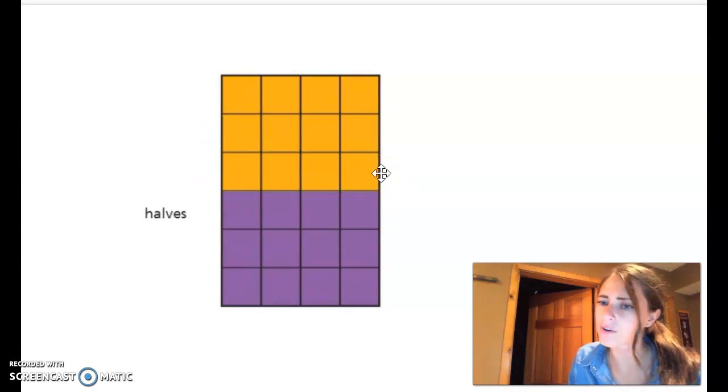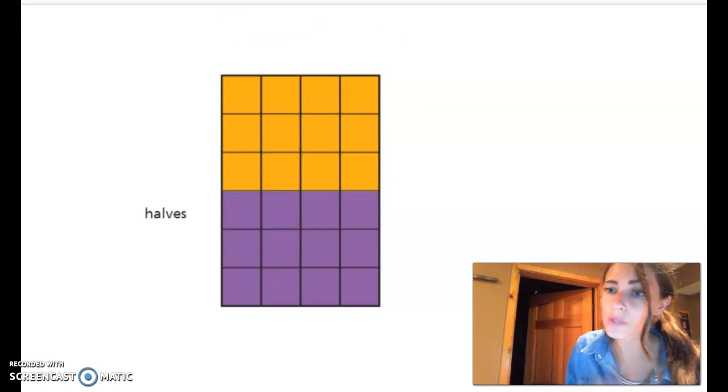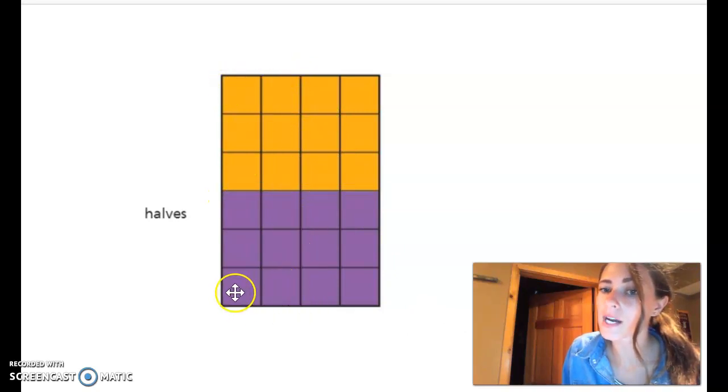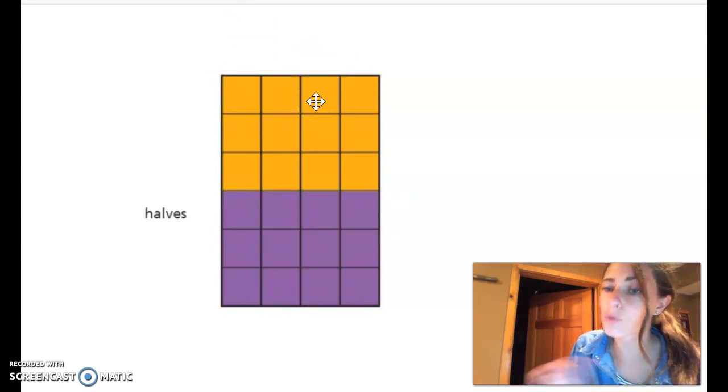Can you think of another way that you could split up this rectangle that would give you halves? So 2 equal parts. Right, if I split it right down the middle, and I made all these tiles orange and all these tiles purple, that would be another way to get 2 equal parts.